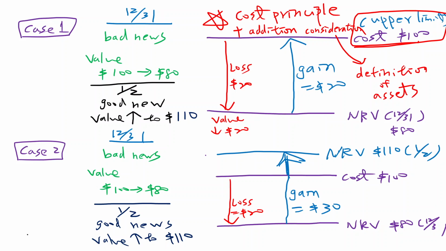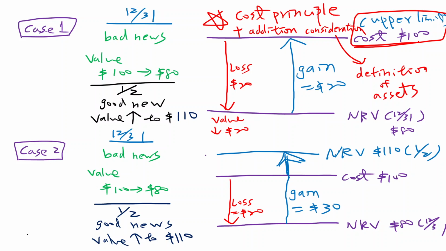Case 2 is not the cost principle. Case 2 is which principle? Fair value principle. Why is that? The value we base on is the fair value. So we report the number on the balance sheet based on NRV. So did you find out?